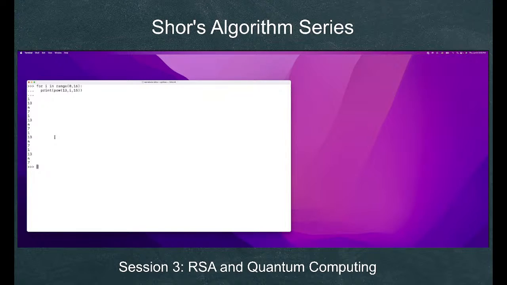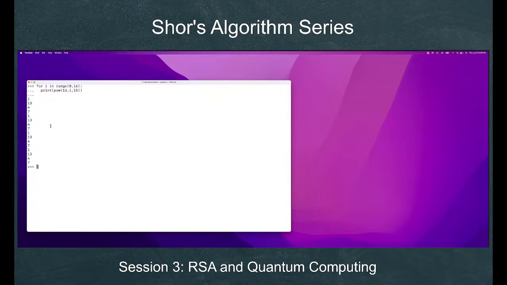So there are actually only 4 numbers in superposition. What happens if you measure the output register? It will give you either a 1, a 13, a 4, or a 7.